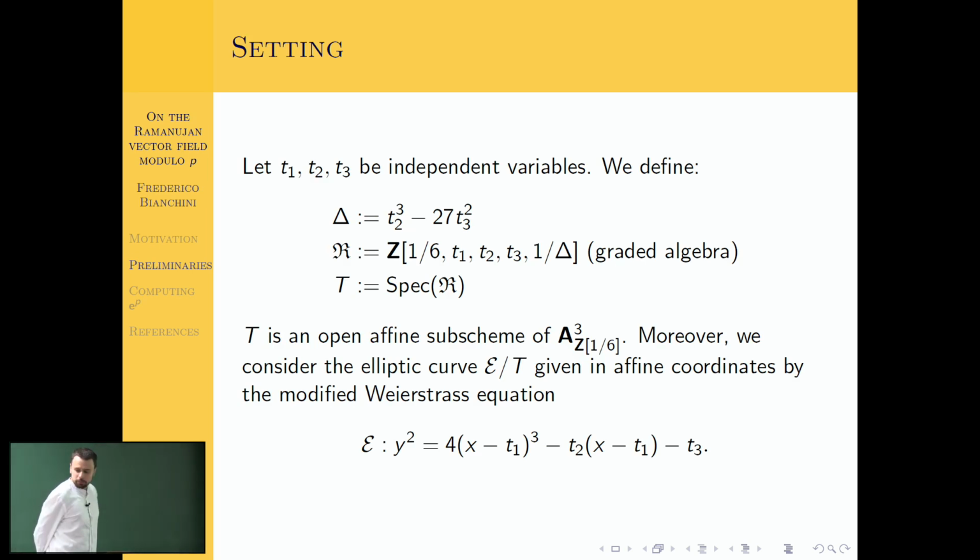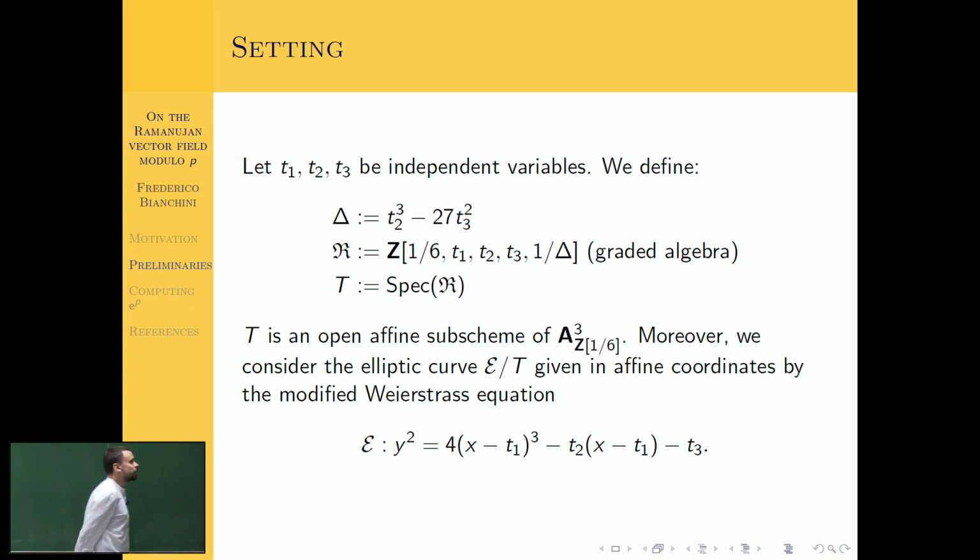So the preliminaries are as follows. It's going to be basically an algebraic geometry and algebra setting. Okay, so we're going to see some differential equations, but we're also going to see some algebraic geometry, but just in the beginning. So we consider 3 independent variables.